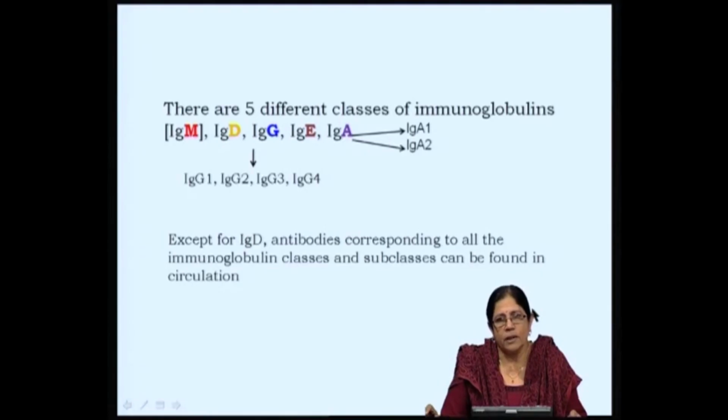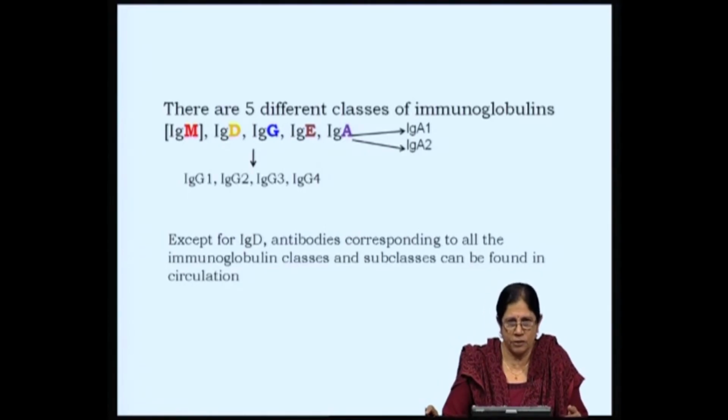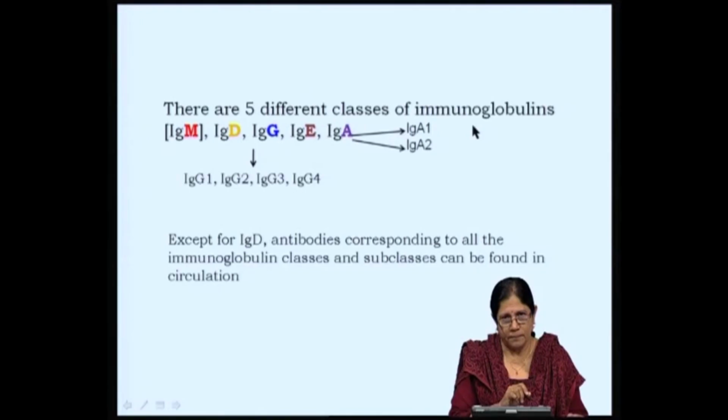Now, before I come to class switching, I would like to introduce the different classes of immunoglobulin, because this is relevant with respect to the constant domain genes which undergo class switching. There are 5 different classes of immunoglobulins: IgM, IgD, IgG, IgE and IgA.